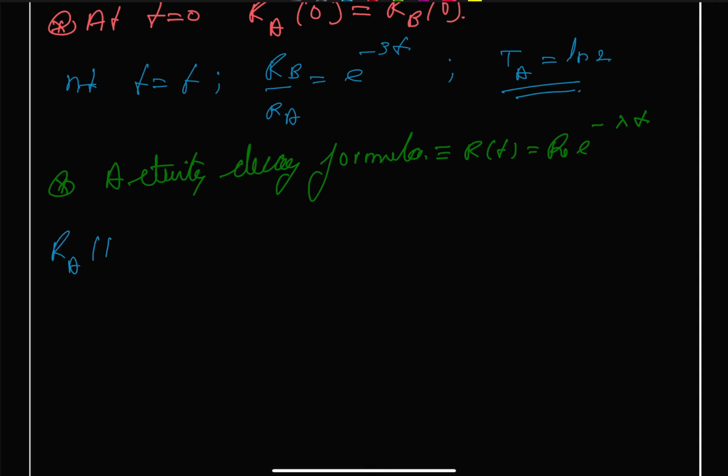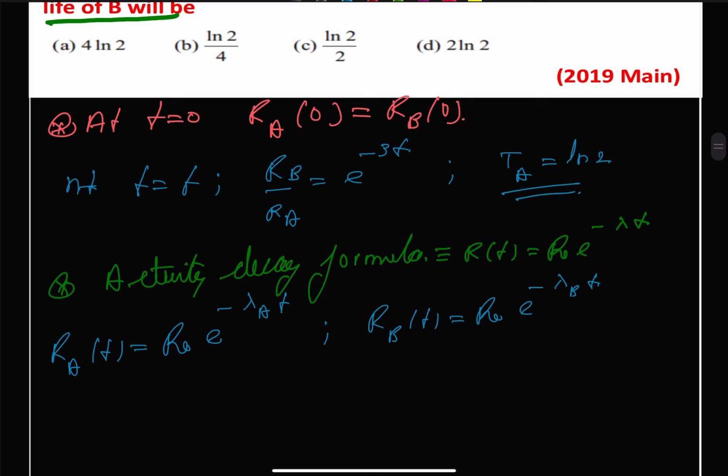For the first one, R_A of t is equal to R naught e raised to power minus lambda A t, and we have R_B of t is equal to R naught e raised to power minus lambda B t. And this R naught is the same in both cases because it is equal to our initial. So we can just say they both are equal to our R naught.